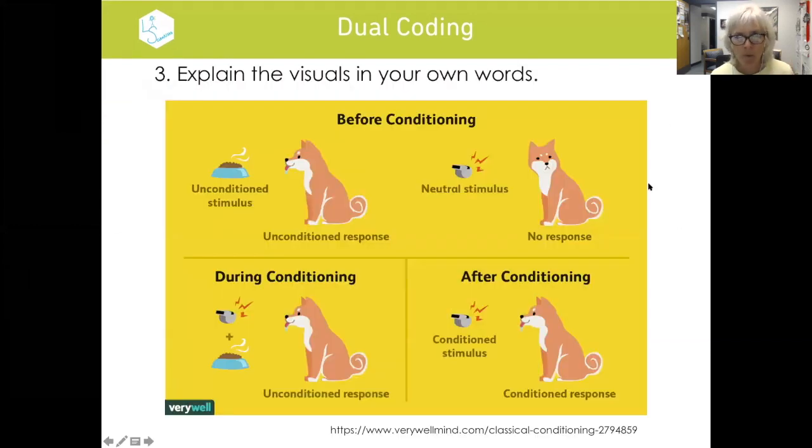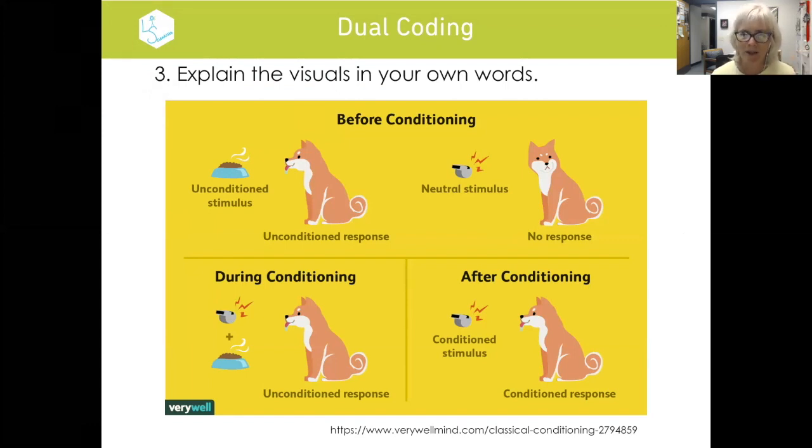So next, what we're going to do is explain those visuals in our own words. So for example, I'm going to look at this image and say, initially, the unconditioned stimulus, the food, causes salivation or an unconditioned response right away.